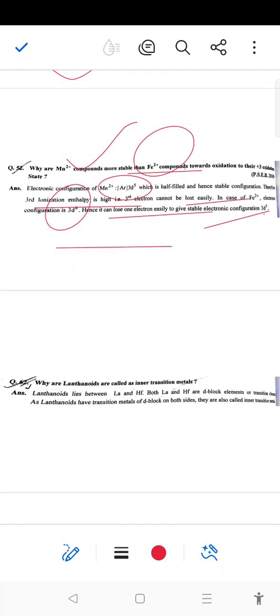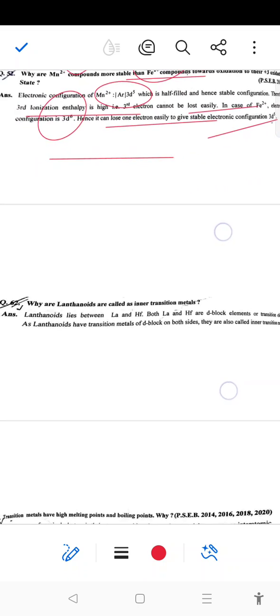Next, why are lanthanides called inner transition metals? Lanthanides lie between lanthanum and hafnium.